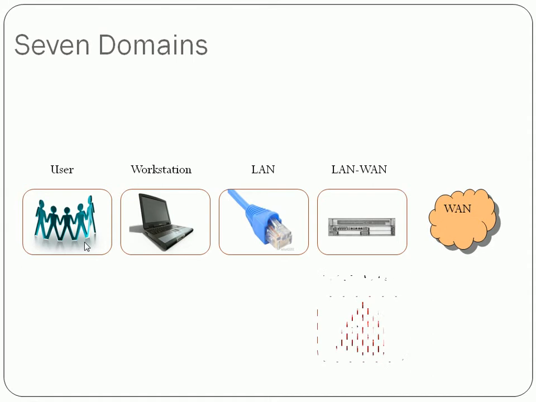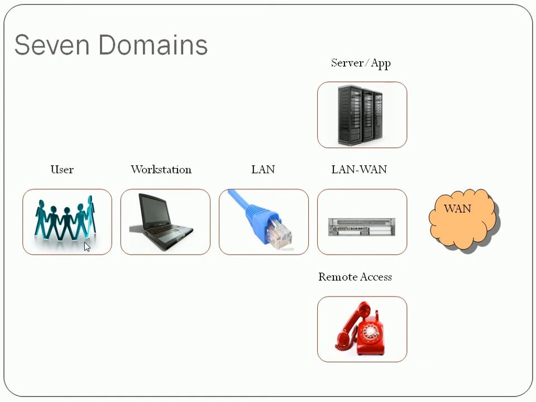And then 2 other domains that interface with the LAN-WAN domain would be remote access, which would be our remote users, and the server and application domain, which might reside in the DMZ, which again is part of our LAN-WAN domain. So in this unit, we're going to break this up into 2 parts. We're going to talk about the user domain separately from all the other domains. So I'm going to start off, I'm going to talk about workstation, LAN, server, application, LAN-WAN, remote access, and WAN.